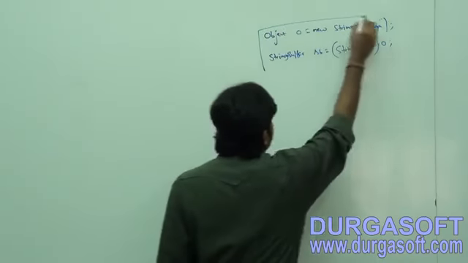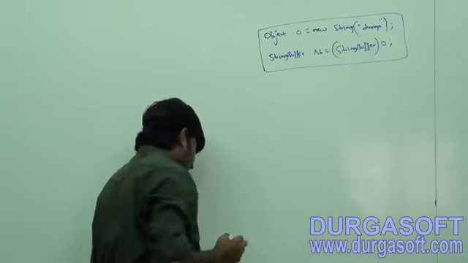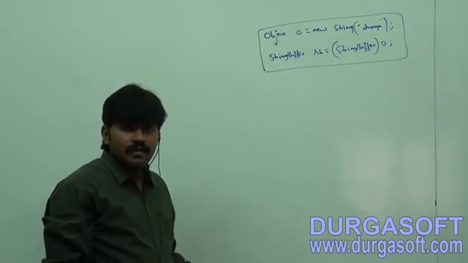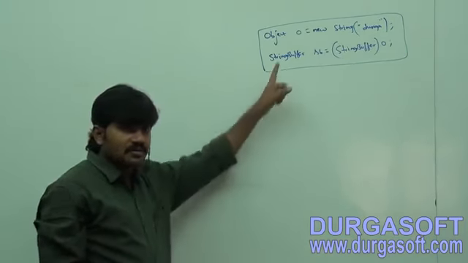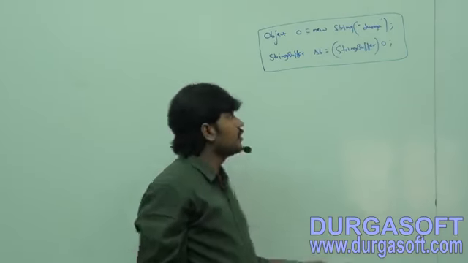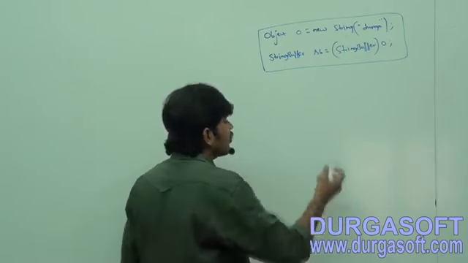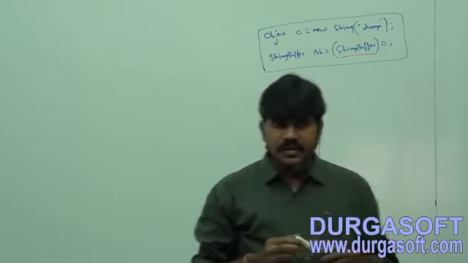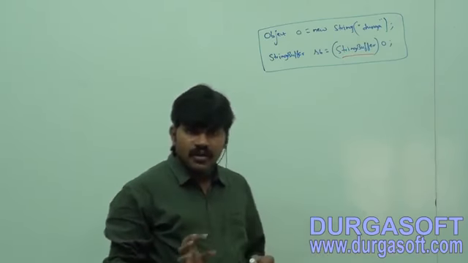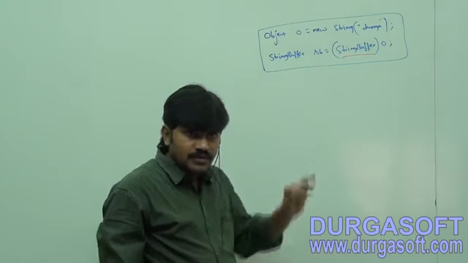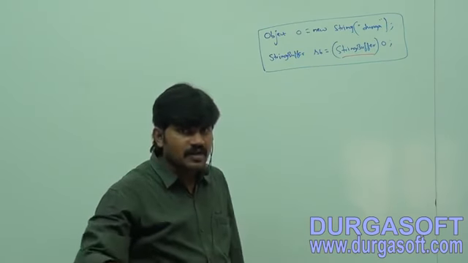Can you tell, is it a valid typecasting or not? Object o = new String("Durga"); next, StringBuffer sb = new StringBuffer(o). Valid or invalid? If it is valid, there is no other question. If it is invalid, is it a compile time error or a runtime exception?